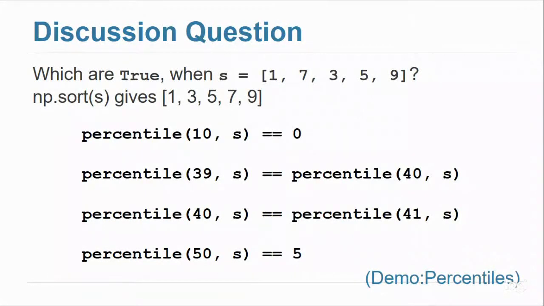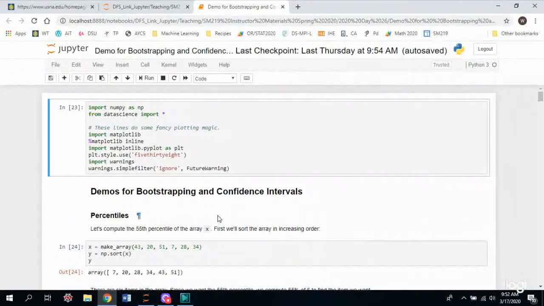Let's shift over to a Python demonstration where we compute percentiles using the percentile function. Here we have the IPython notebook for day 26, demos for bootstrapping and confidence intervals.